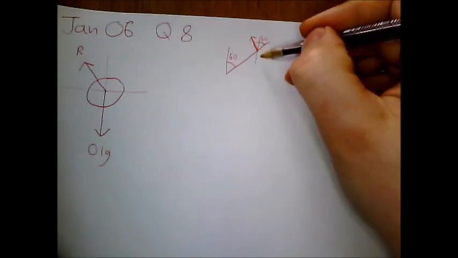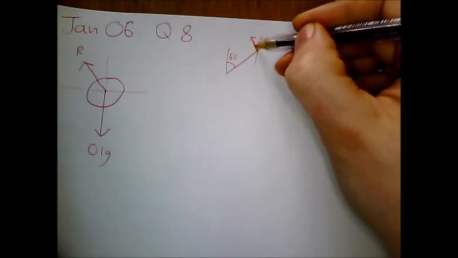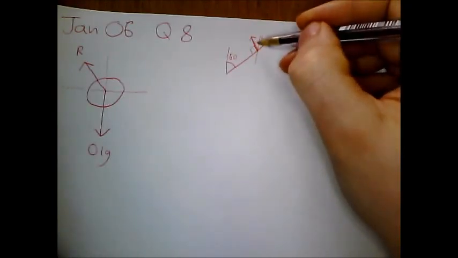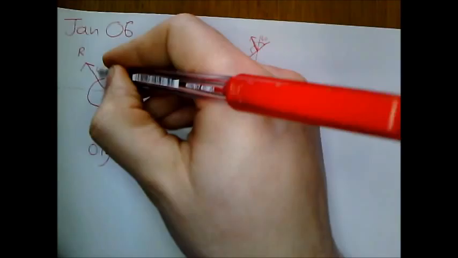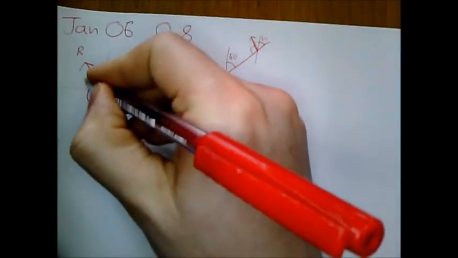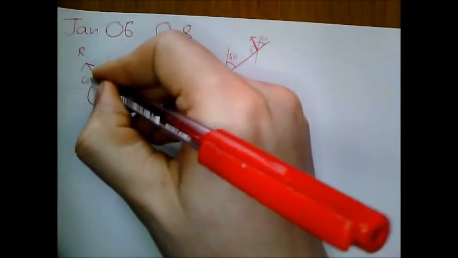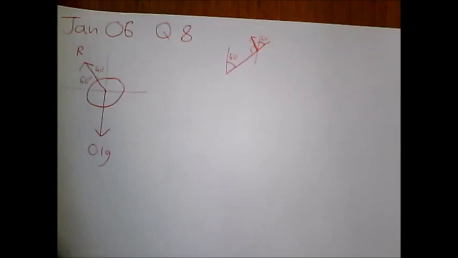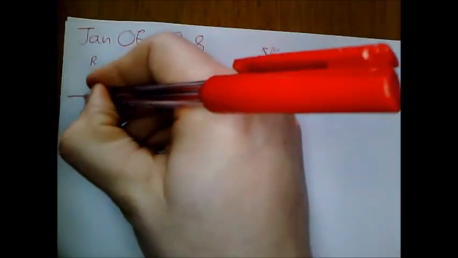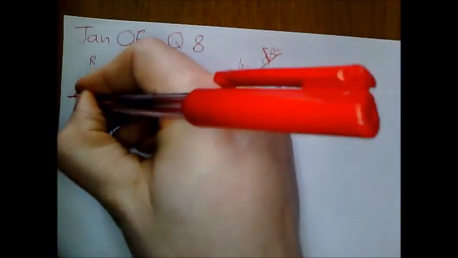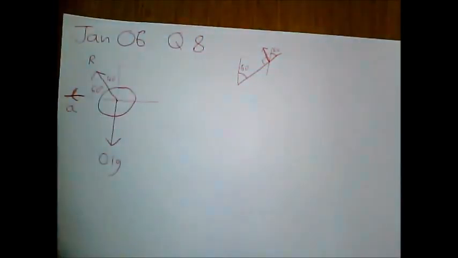So this bit here must be 40, and this bit must be 60. These angles are going to be very important to us. And we know it's travelling in a circle, so there's going to be an acceleration towards the centre of the circle, like so.